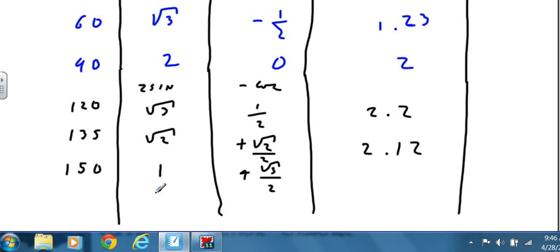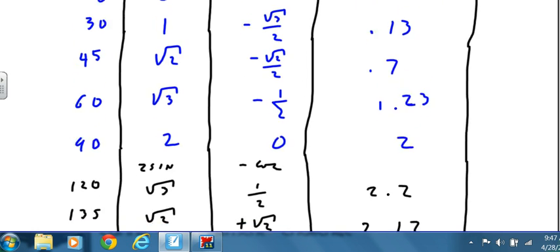And now I've got 1 plus the square root of 3 divided by 2, 1.87. And then I've got 180, and 180 is going to be 0, 1, row 1.